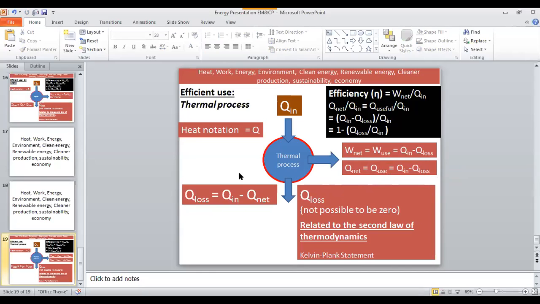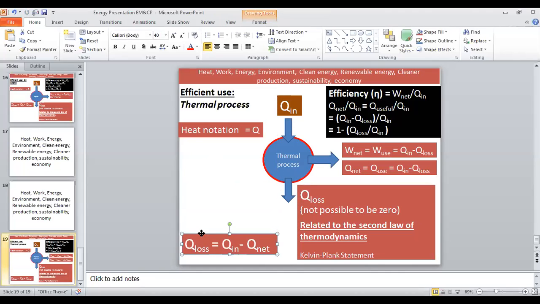So let's say now we are going to discuss some thermal processes. So you have Q in and also you have Q loss, and the balance is the useful.